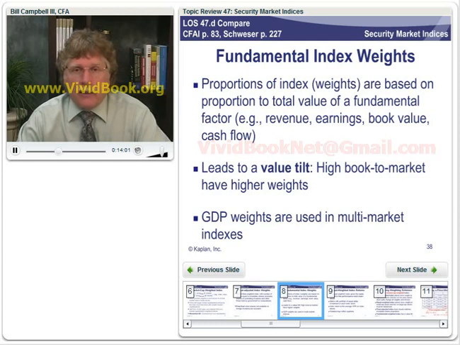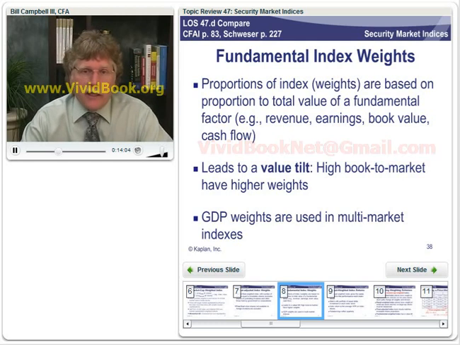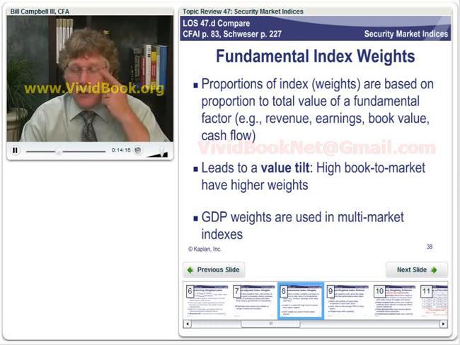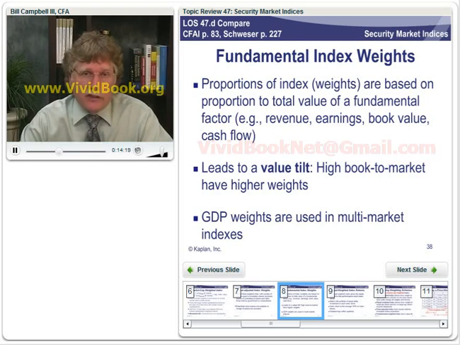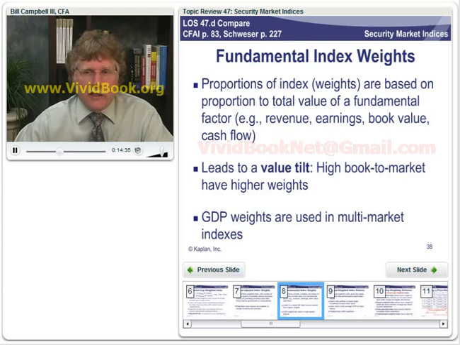And let's say the GDP of the United States is 80% of that total GDP. That may be too high. Let's say 70%. And Canada's GDP is 20%, and Mexico's is 10%. Then within that index, the stocks that you have from U.S. companies would represent 80% of the index, from Canadian companies 20%, from Mexican companies 10%. You would use GDP weights for the countries in the index.